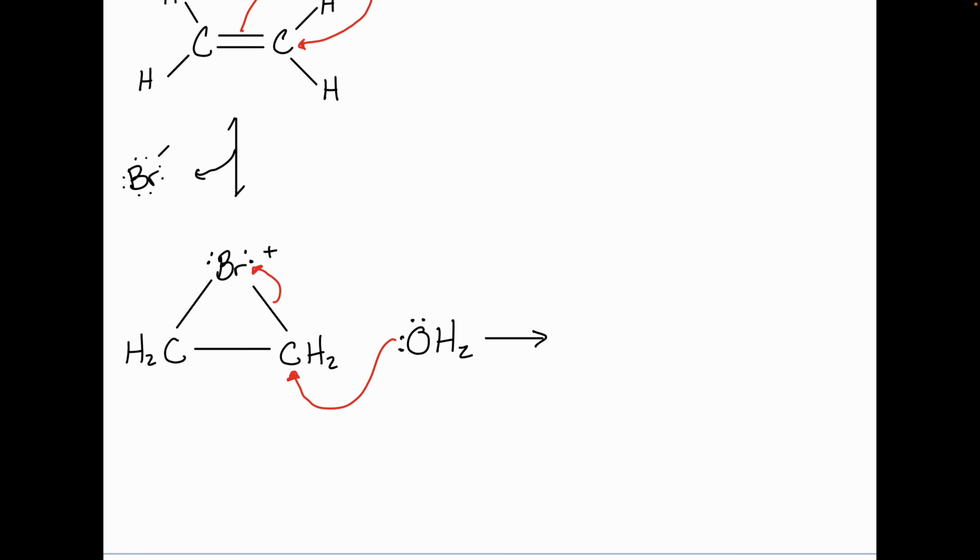All right, so this would be a bond breaking arrow. That pair of electrons is going to become a lone pair on that bromine.